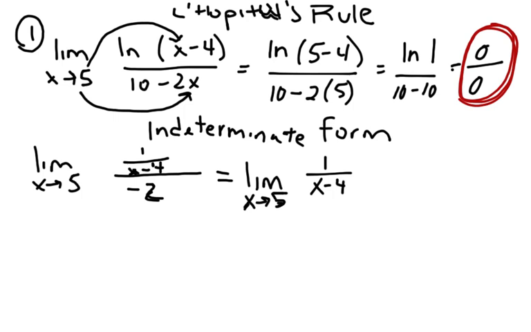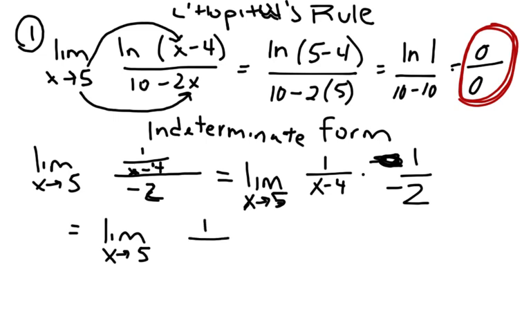Instead of dividing by negative 2, I could multiply by the reciprocal of negative 2, which means 1 over negative 2, and that's going to give me the limit as x approaches 5 of 1 on top, and then I can distribute, let's see, negative times positive, the 2 times x minus 4, so that'd be 2x minus 8.